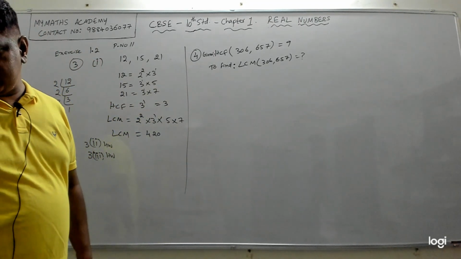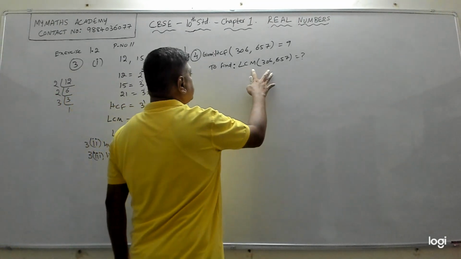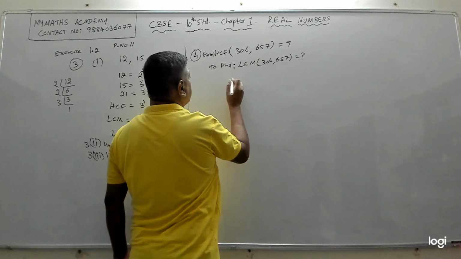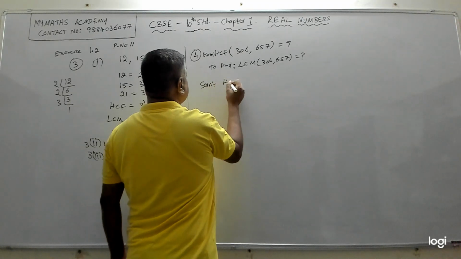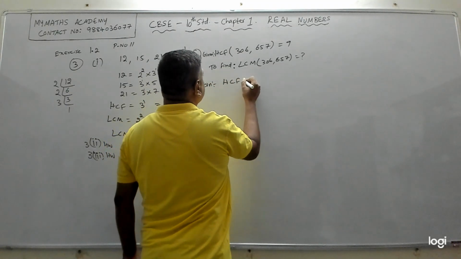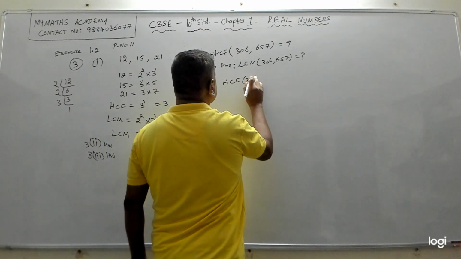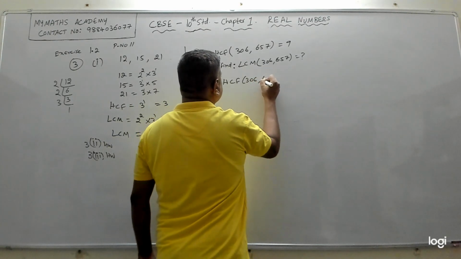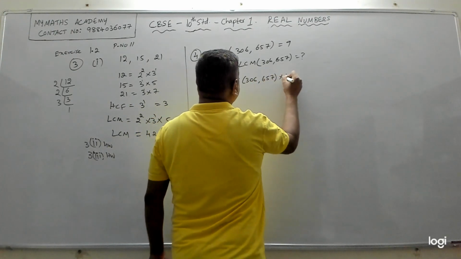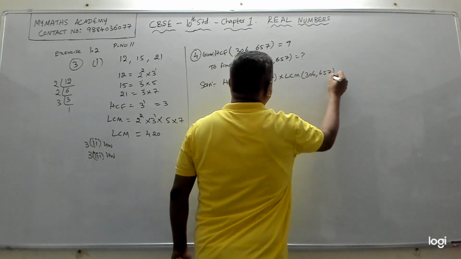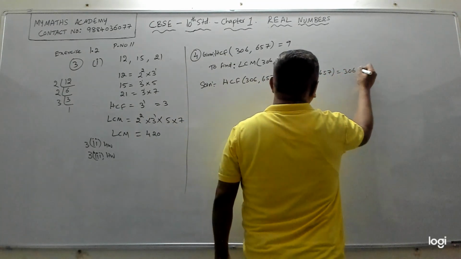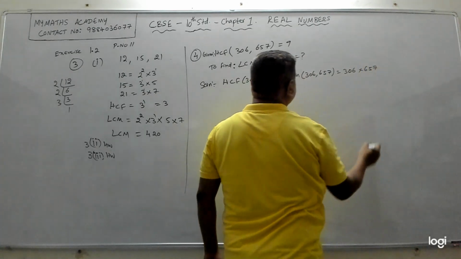306 and 657. Now, to find the LCM using the HCF, we know the formula. What is the formula? HCF of 306, 657 into LCM of 306, 657 is equal to 306 into 657. Right? That is our formula.